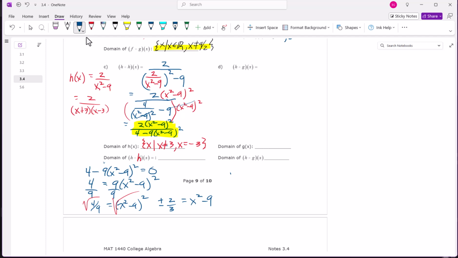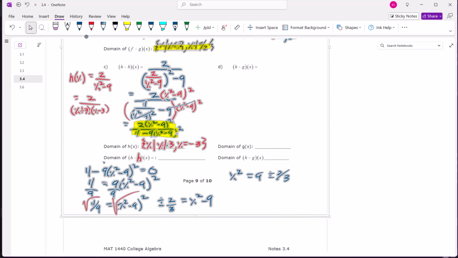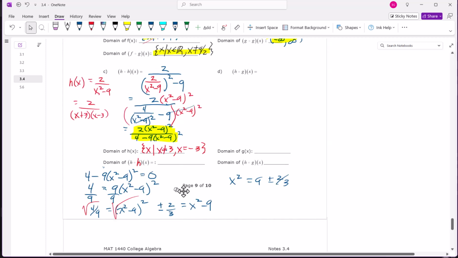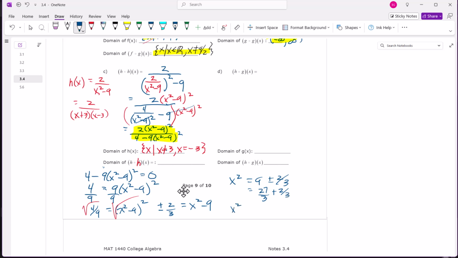So now I've got x squared equals 9 plus or minus 2/3. So I need to get a common denominator. So I'm going to change this to 27 over 3 plus or minus 2/3. So I get x squared equals 29/3. And then I also get x squared equals 25/3.